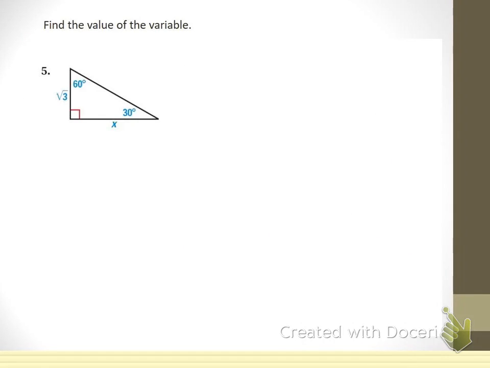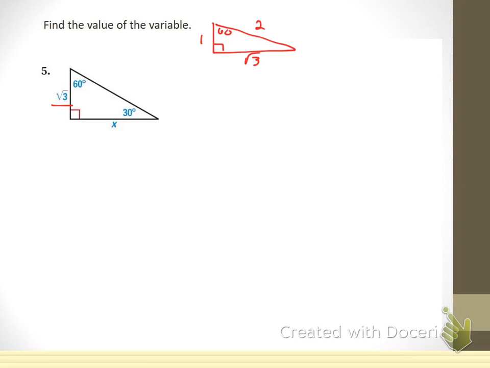Number 5 is a 30, 60, 90. And you need to remember that the parent triangle, the short leg is 1, the hypotenuse is 2, and the long leg is radical 3. So we can compare that to our 30, 60, 90 over here, know that they're similar, and write ratios between their corresponding sides.